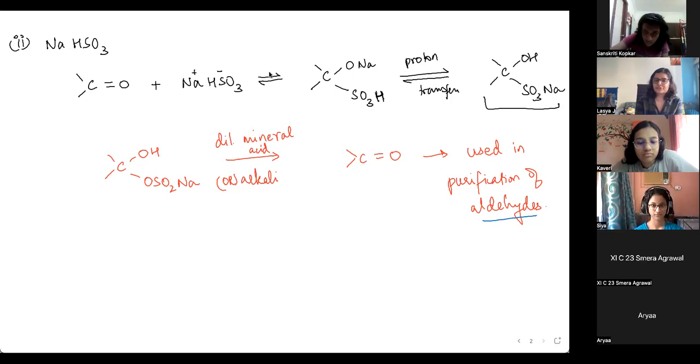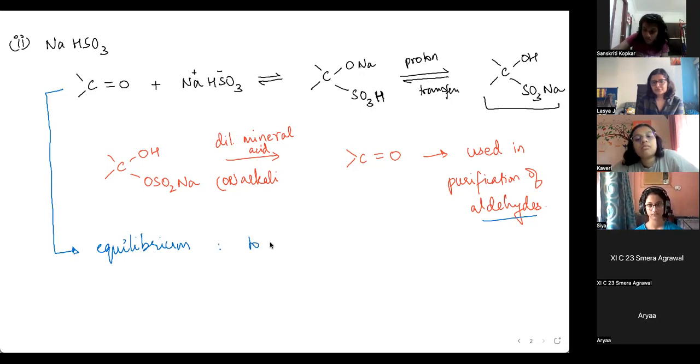The equilibrium is pushed to the right for aldehydes and to the left for ketones. Basically, aldehydes favor this reaction more than ketones do. Can you think of a reason why?